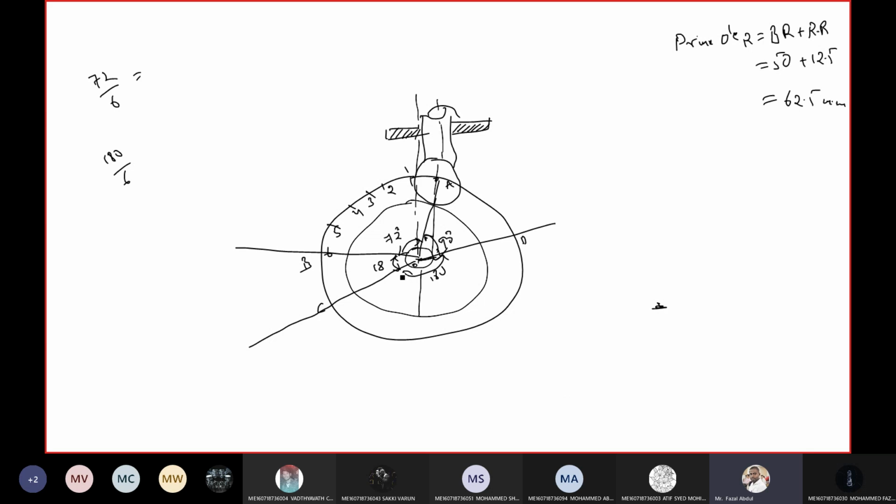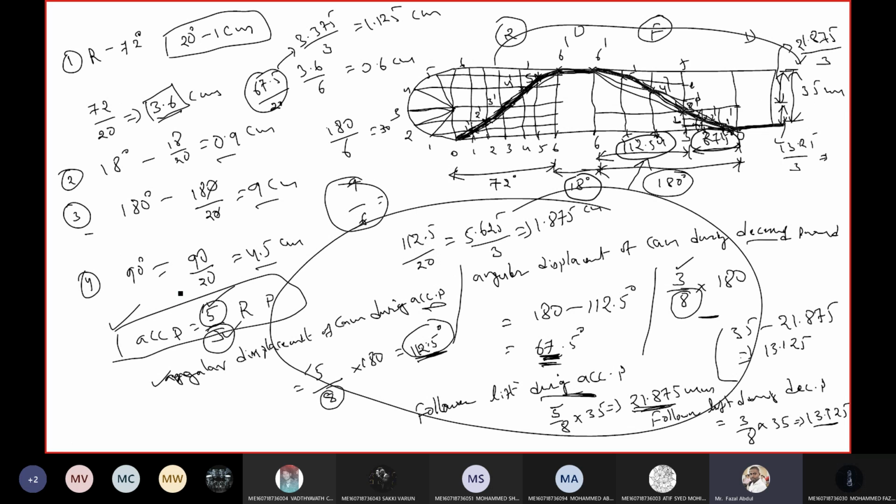So first measure 112.5 degrees, somewhere here, and show that with a small thin line. From here to here is 112.5, divided by 3. The remaining is 67.5, divided by 3, because you did the same in the displacement diagram.